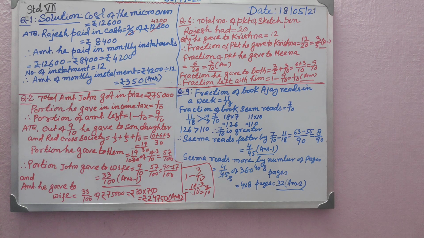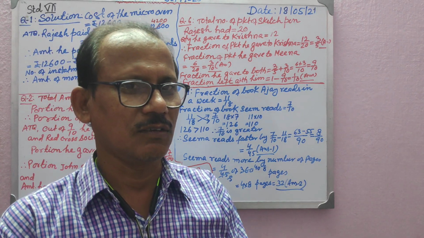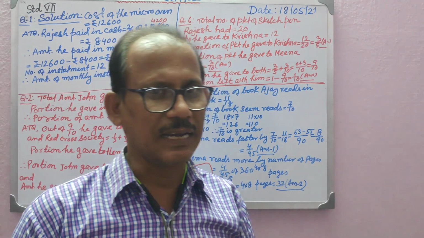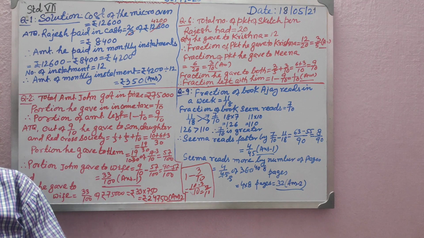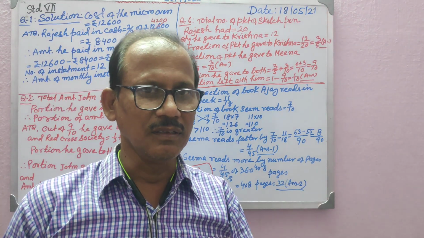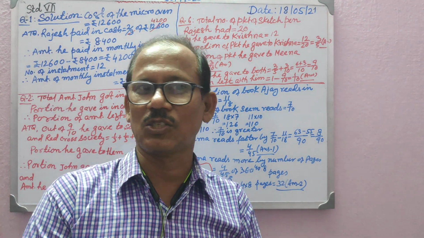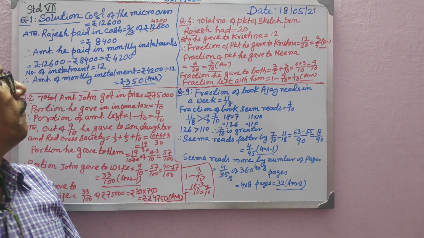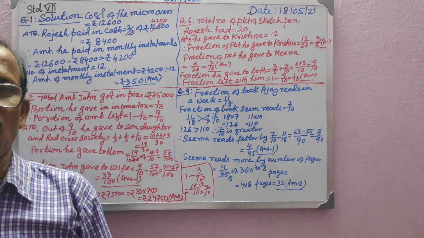So he has paid 2/3 of the money in cash. The total cost, 2/3 portion he paid in cash, and the remaining money he has paid in 12 installments. You need to find out each installment, how much he has to pay after paying 2/3 of the cost.